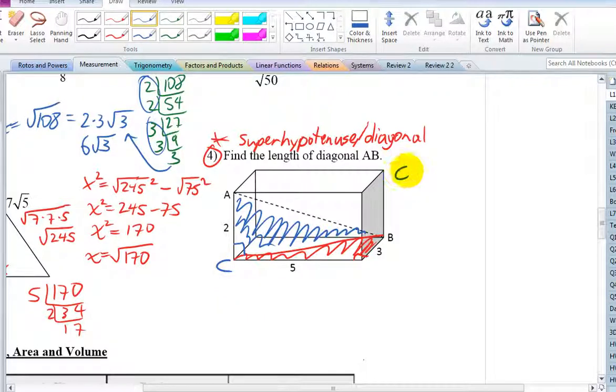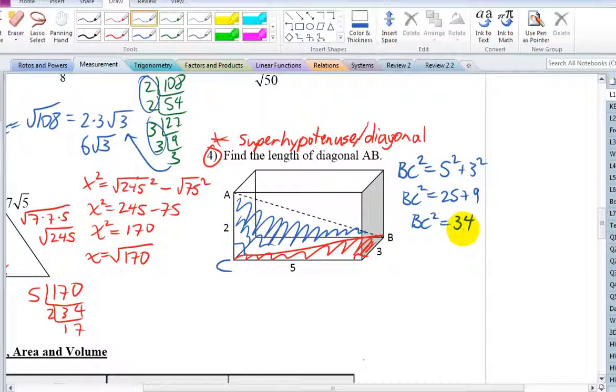And I want you to do your math to figure out what BC is. Now don't go, just find BC squared.